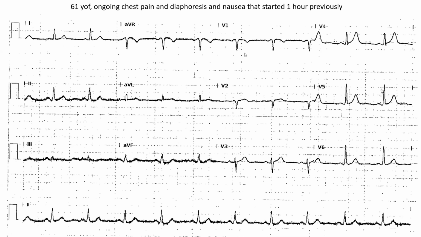There are some mild abnormalities. You have Q waves in V1, V2, which can be normal, as I explained in my EKG talk. You have some other abnormalities. You have subtle inferior ST depression. You have subtle ST depression in lead 1.